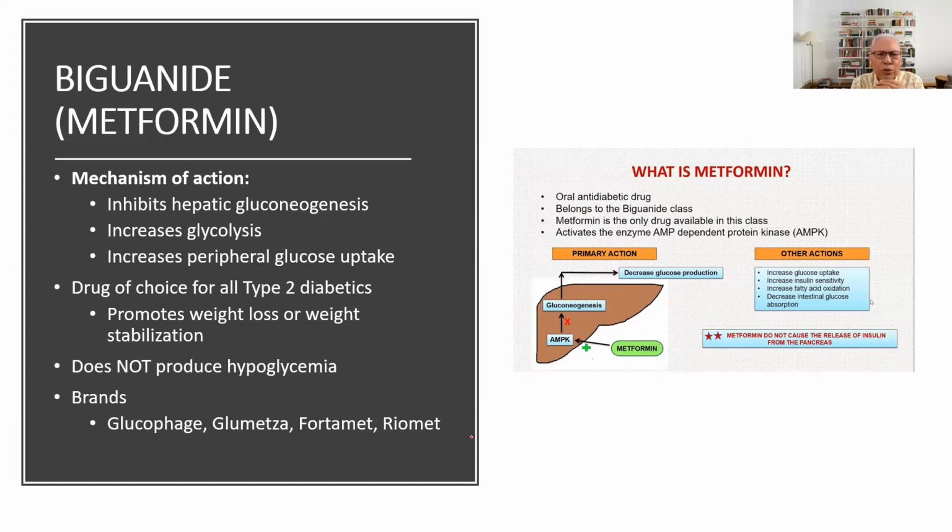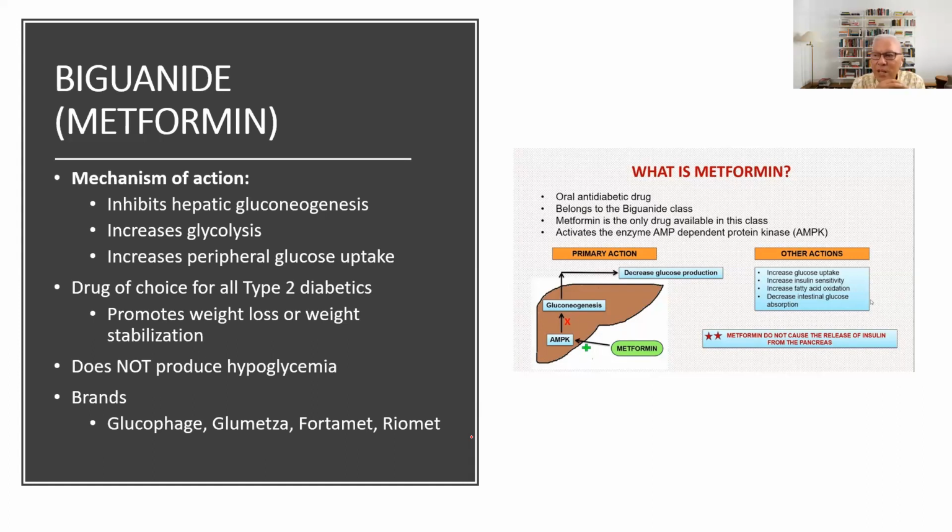So how do the biguanides or metformin work? Well, they lower blood glucose levels by decreasing the amount of glucose the liver produces and releases into the bloodstream. It does so by inhibiting gluconeogenesis and opposing the action of glucagon.